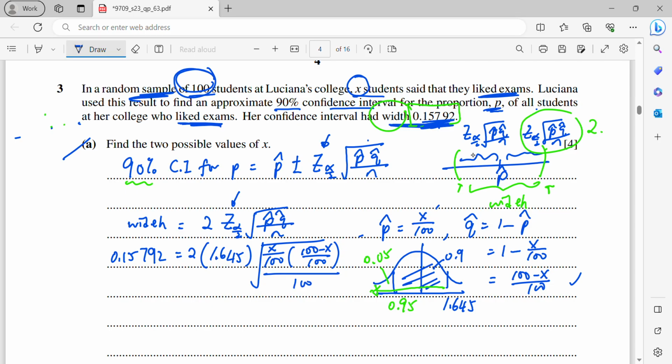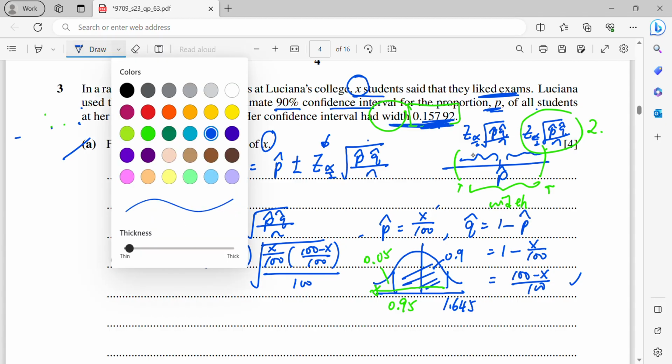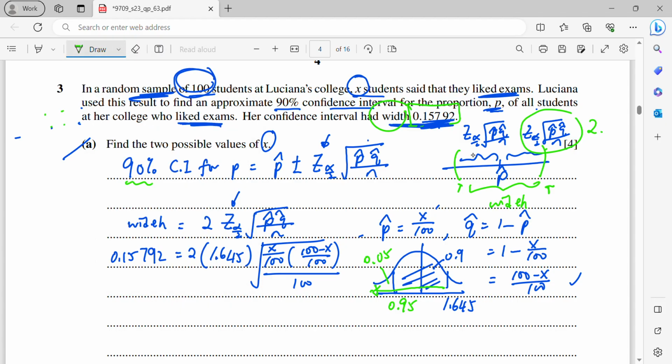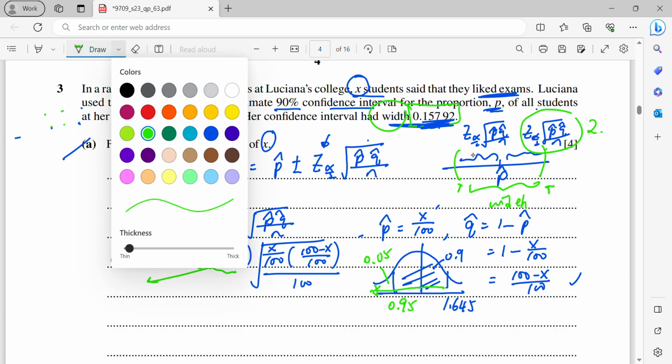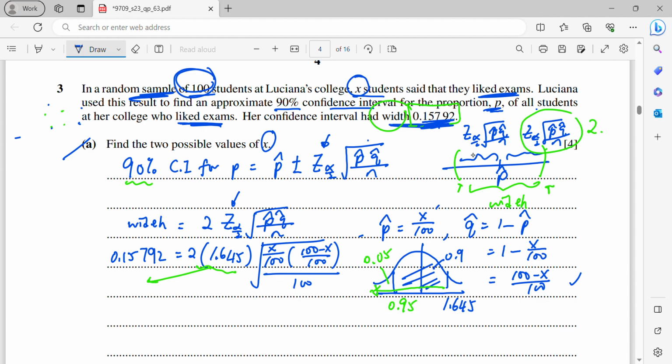Okay, then now from here, you need to find the X when you look at the question. Two possible X. So now I will move down this value to the left hand side. Okay, and then I calculate 2 times 1.645 is basically 3.29. So I'm getting 0.15792 over 3.29. That equals to the square root.